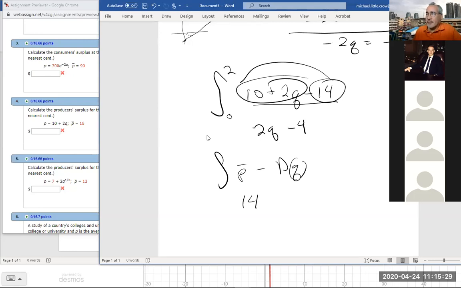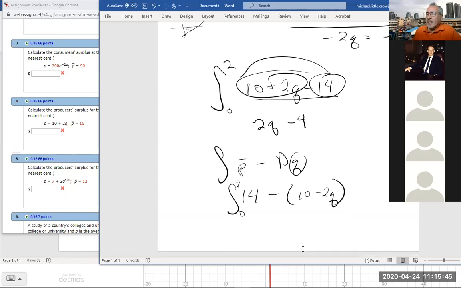No, it would be positive 14 minus 10 minus 2q. Okay, I see. Just make sure you have the parentheses, because this negative is going to have to distribute to both of them. So it'd be 2q plus 4. There you go, and that'll give us a positive value.